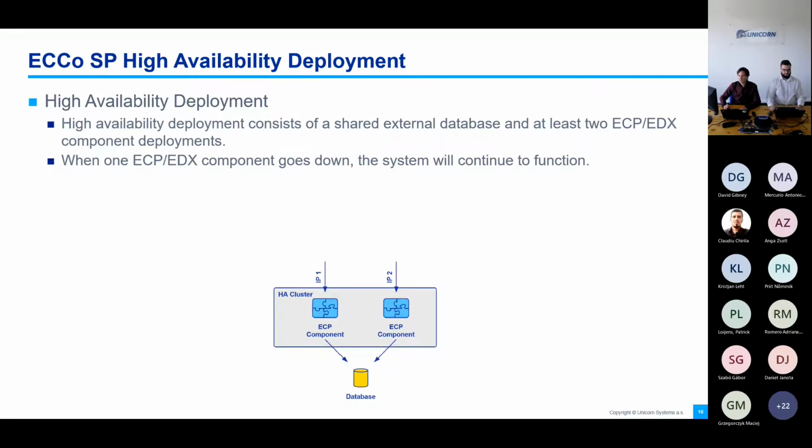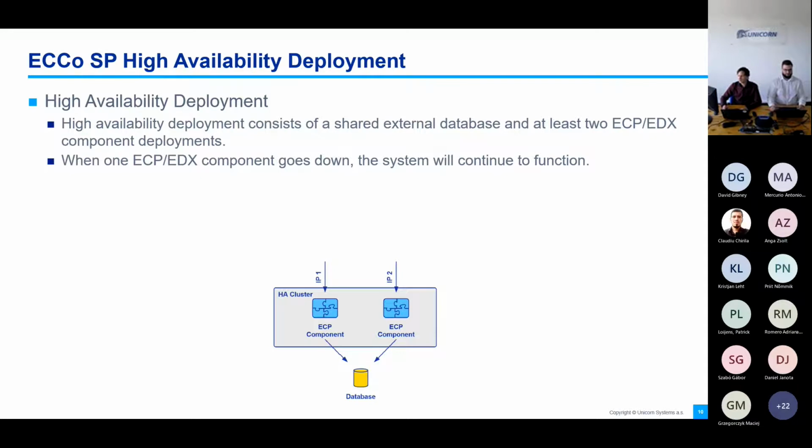So let's take a look at the easiest way to establish the ECCo cluster, the high availability deployment. It consists of an external database and at least 2 ECCo component deployments.